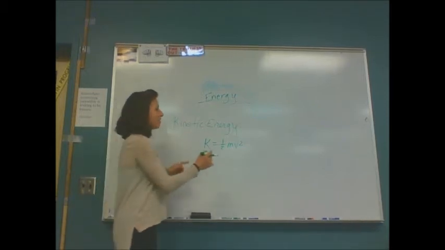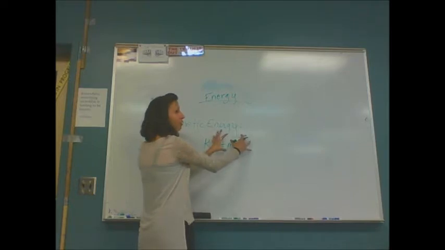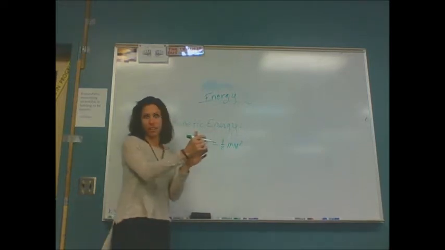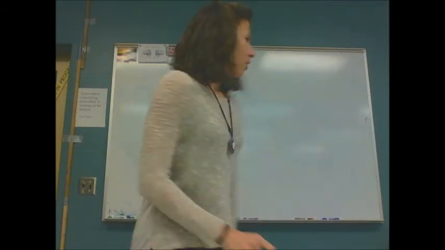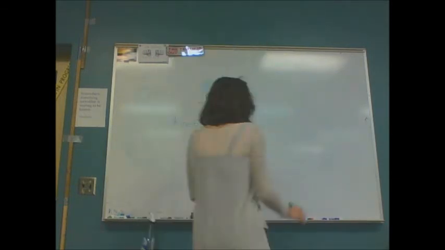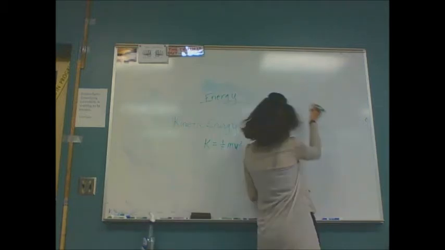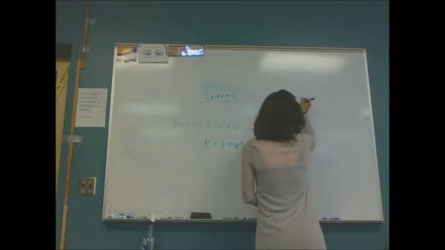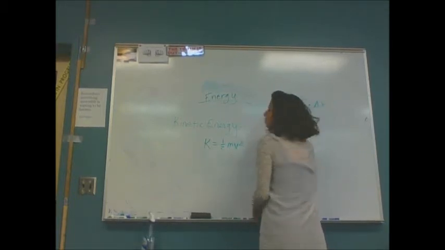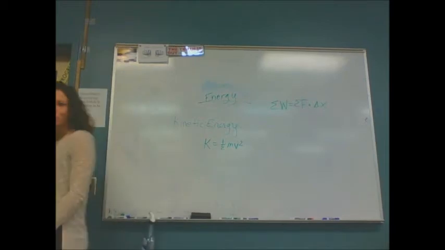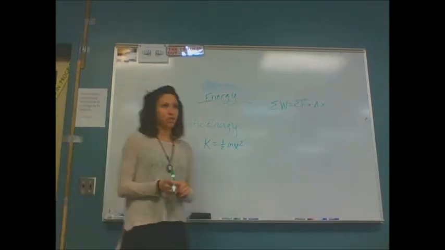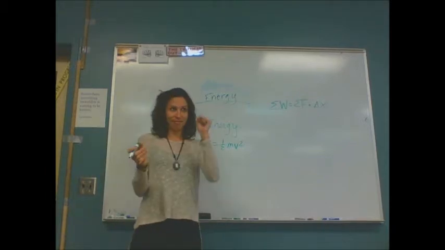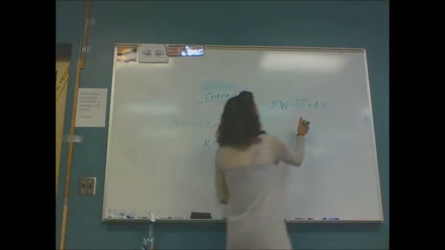Let's go back 2 units to kinematics and look at this equation here. Do you remember this? Tell me you remember. Now, if I solve this equation for delta x, I get (v final squared minus vi squared) over 2a. And if I plug this in for delta x up here, I get that the net work is equal to m times (v final squared minus vi squared).